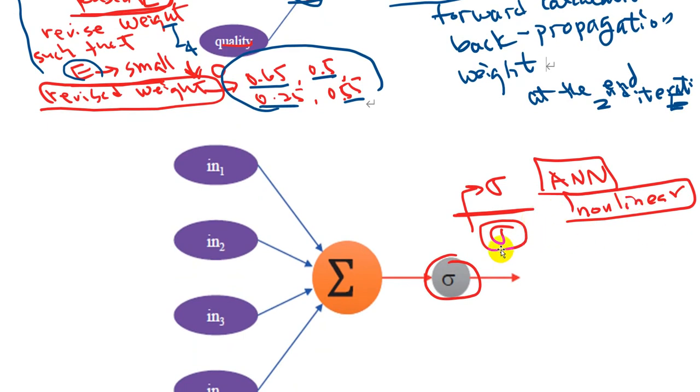And that's how you use an activation function to simulate a non-linear behavior by taking a look at a threshold value. If your build up is greater than the threshold value, you activate sigma, otherwise ignore sigma.